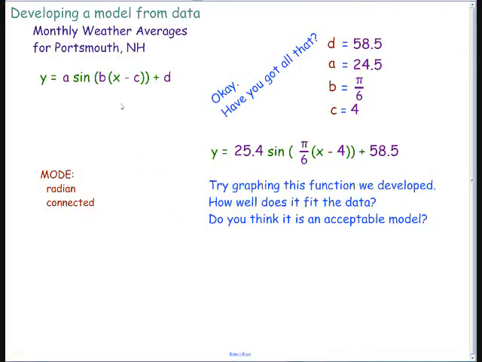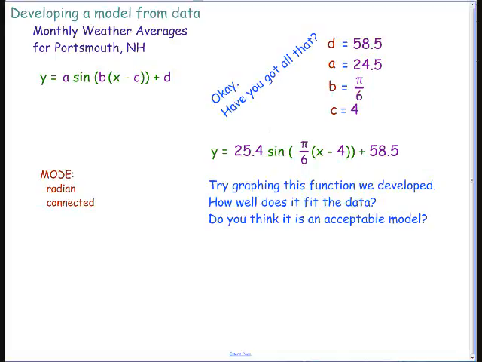We're going to take this information that we just put together. Vertical shift of 58.5, amplitude of 24.5 with a normal shape going up and then down, a frequency of pi over 6, and a phase shift of 4.